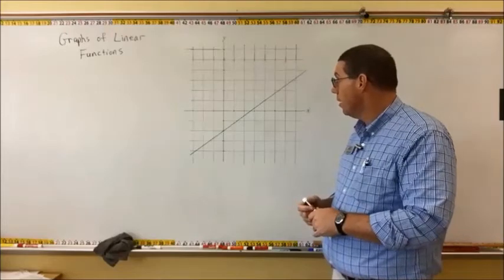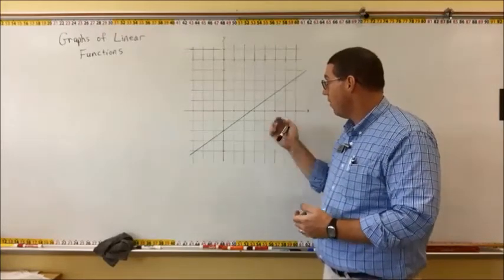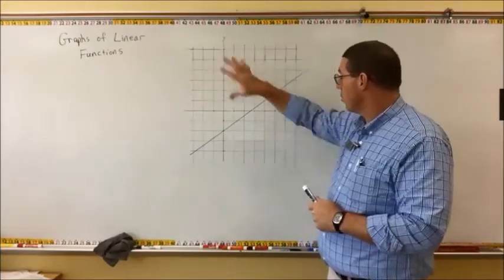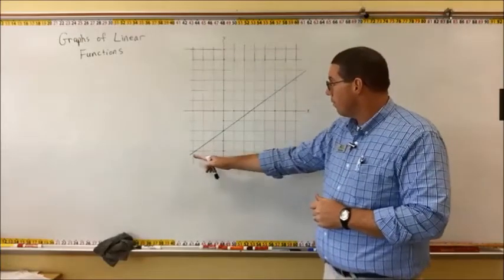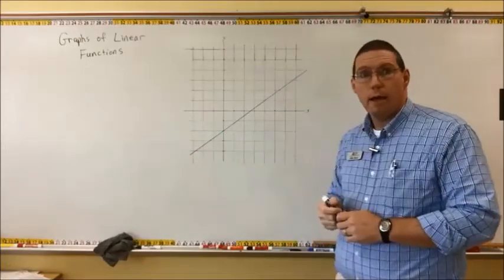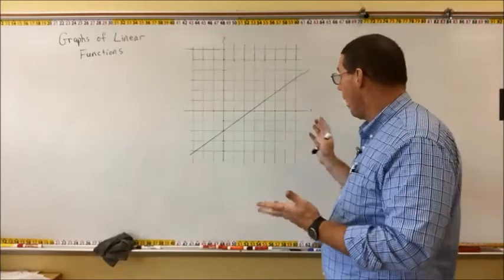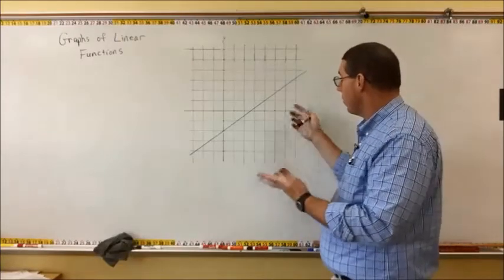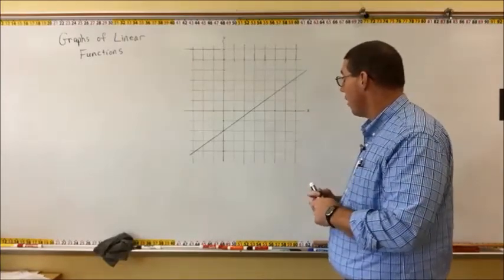equation. Okay, so I've already put a graph on. Well, here's a coordinate plane on the board, and I've already drawn a straight line here. And I'm going to show you how to identify or how to write down the equation of this graph.